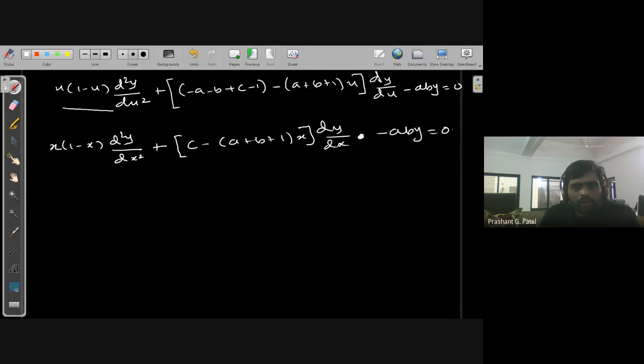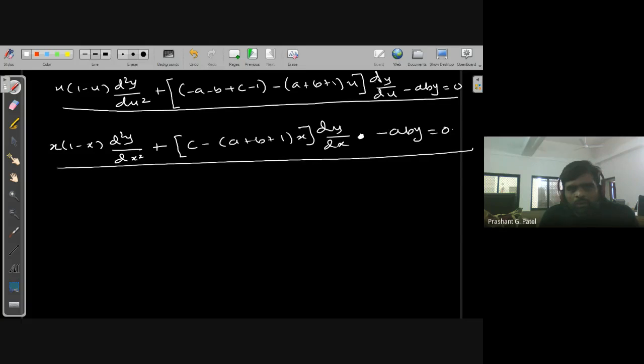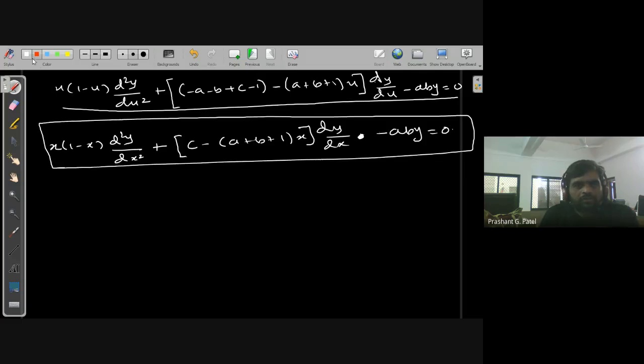So if you compare this differential equation with this one, we already have the solution for the hypergeometric series. The solution will be y equal to c1 y1 plus c2 y2. What was the solution for this differential equation?